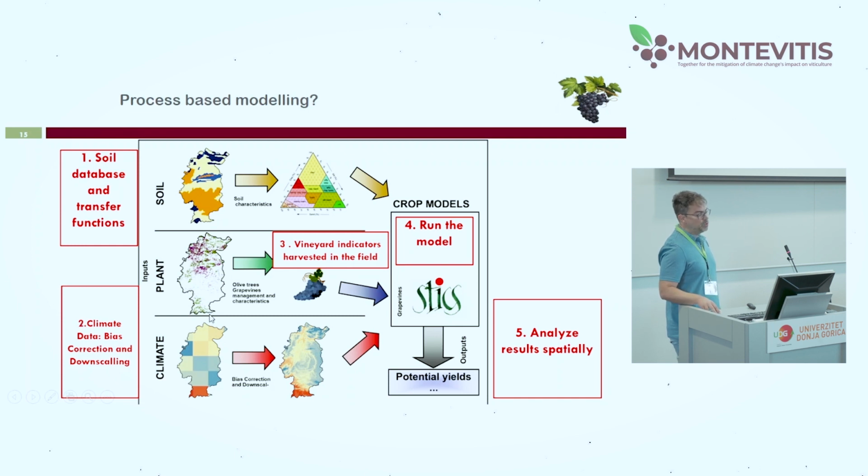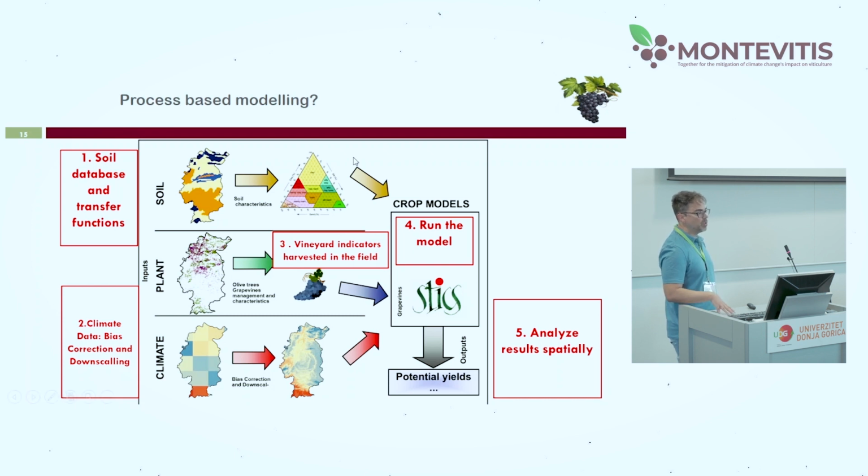The climate data usually comes in these big grid cells that you see here, these big boxes, and we usually apply a statistical transformation called downscaling, so we can obtain a better resolution from our climatic data.